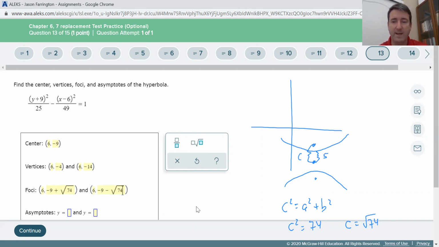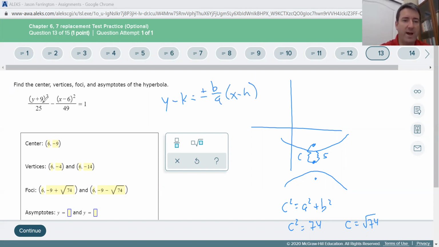All right, finally, the asymptotes. The equation for the asymptotes for a hyperbola is y minus k is equal to plus or minus b over a times x minus h.